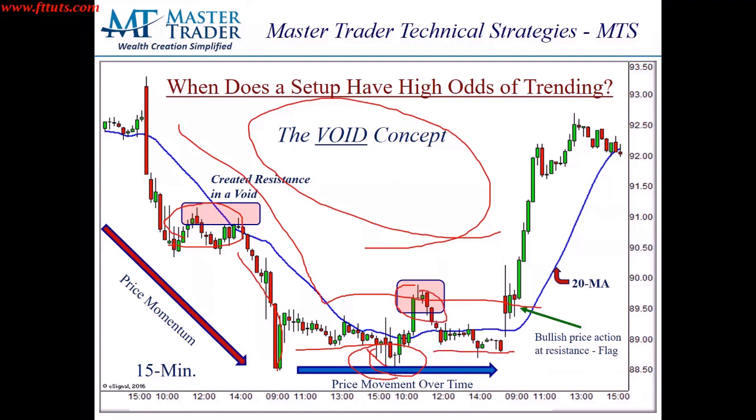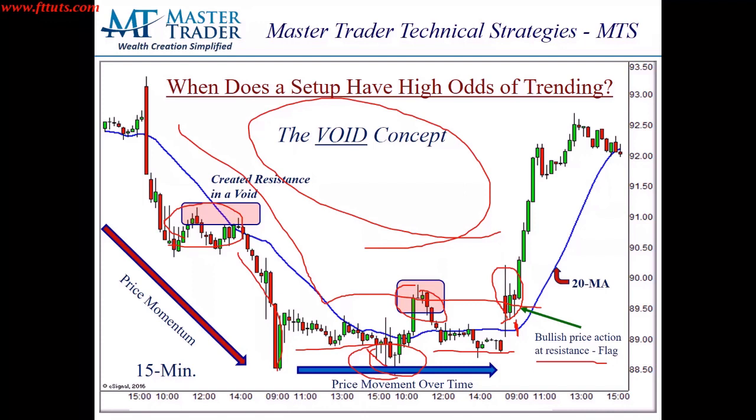And then as prices come down, this is the bullish type of price action, this flag type of pattern or consolidation at this resistance area here, and prices refuse to go down. Notice the bottoming tail bar right there. That was a red bar engulfing the green bar, and it came right back up again.